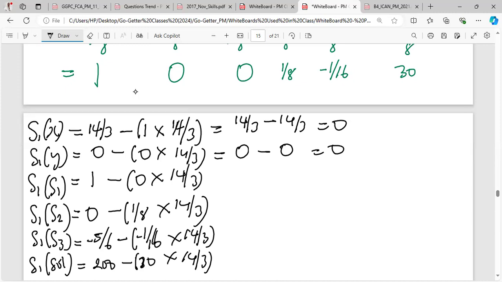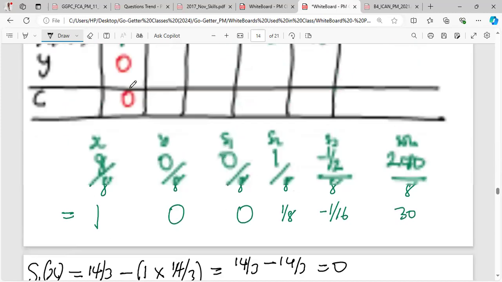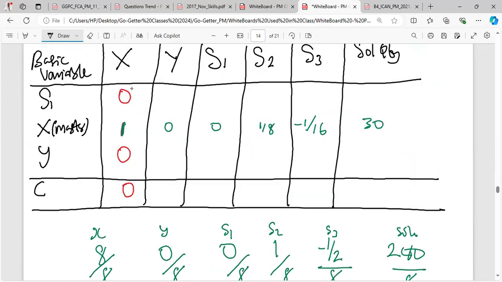That's going to give me 0. This is going to give me 1 minus 0 times anything here is 0. 1 minus 0 is 1. So I'll write this 1, 0, 1 here. There's 0, 1 here.